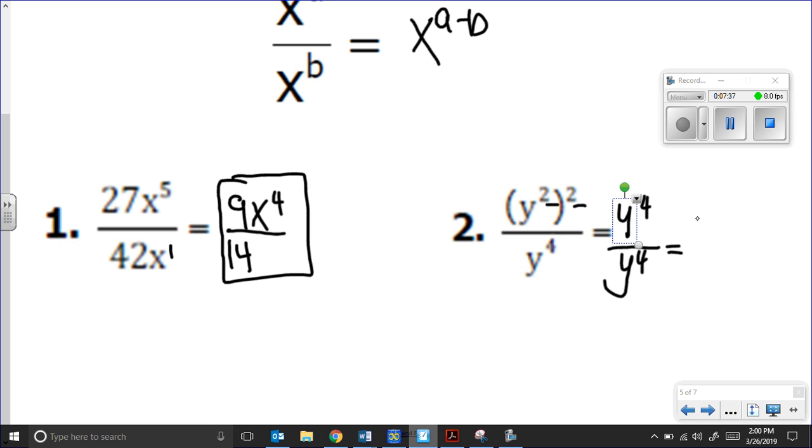And so we get y to the 0 power, which is at the top, over 1. And then y to the 0 power is equal to 1. And we're going to talk about that here in a second. But hopefully you can just see y to the 4th over y to the 4th power. They cancel each other out. So then here you're left with 1.